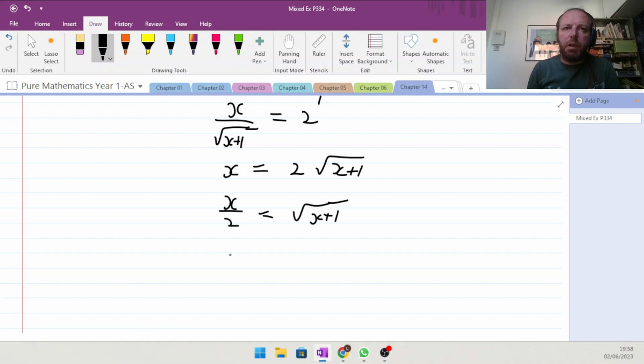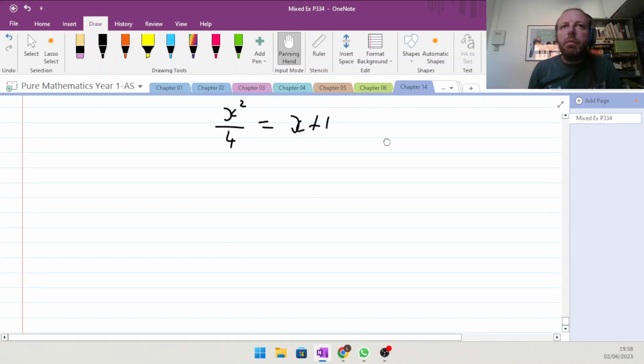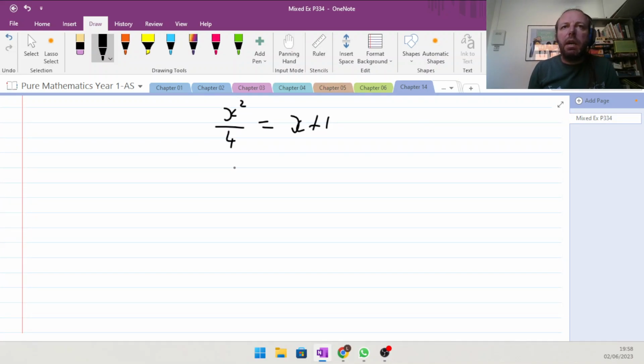Now we square both sides, giving us x squared over 4 is equal to x plus 1, meaning we have 0 is equal to minus x squared over 4 plus x plus 1.